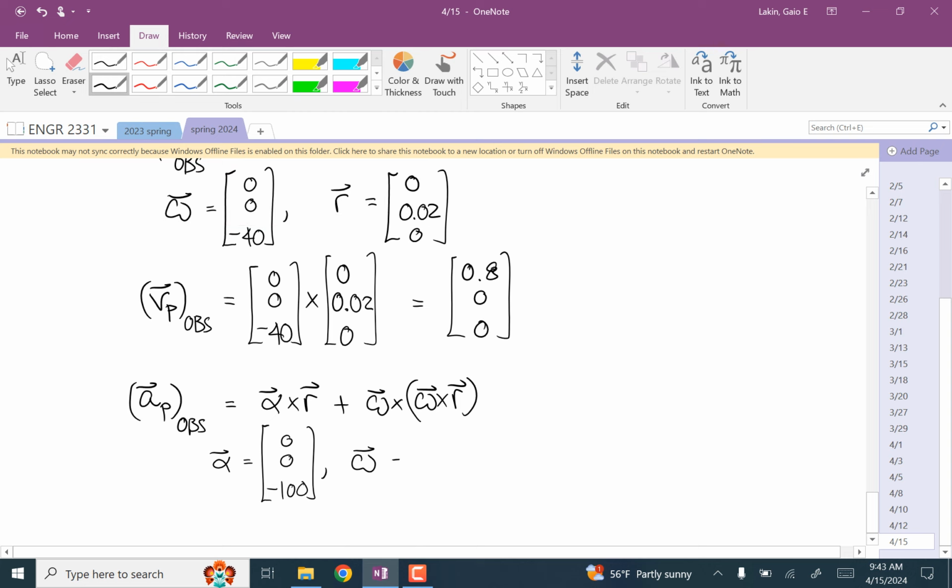Our omega is 0, 0, negative 40. R is 0.020.